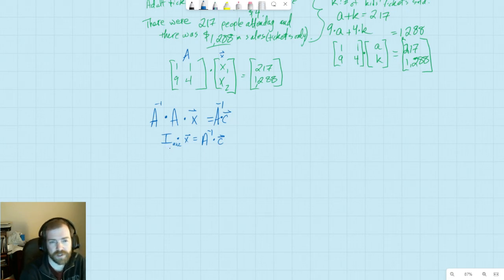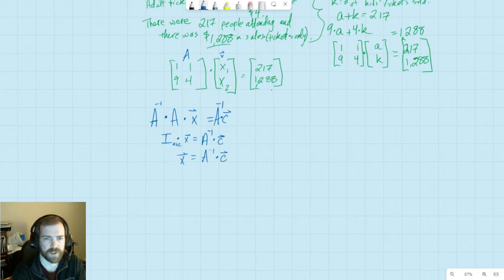Identity matrices end up getting you back the same thing as what you started with, so we just have x vector is going to be equal to A inverse times C vector, which is going to be our constants that we had over there.